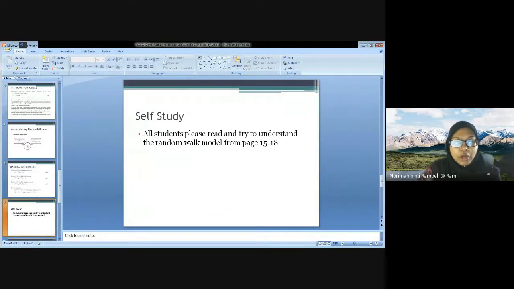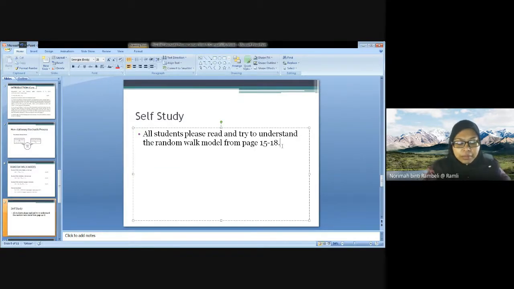Now all students, please read and try to understand the random walk model from page 15 to 18. But I would like you to try AR3 with drift. Can you write this? Amir?